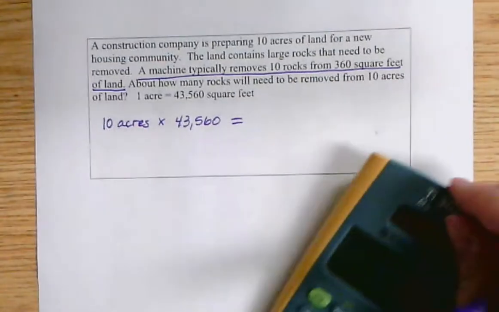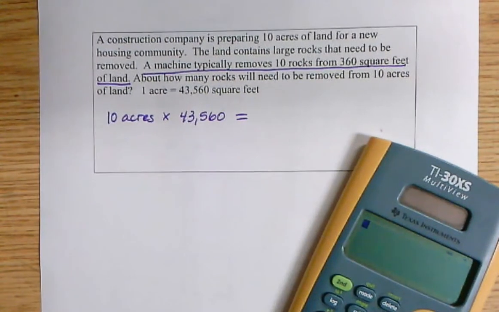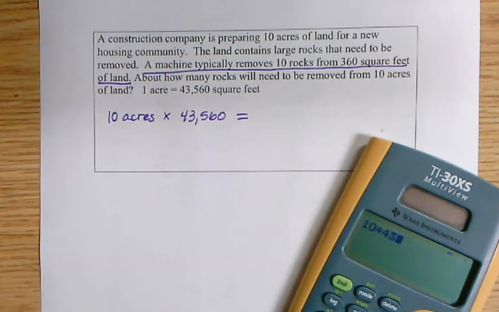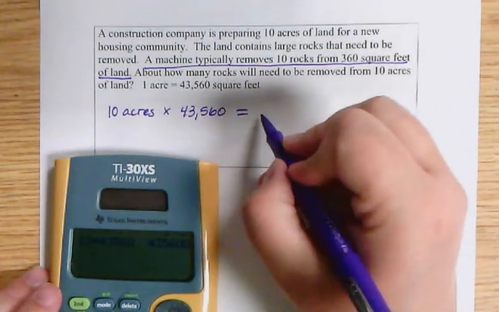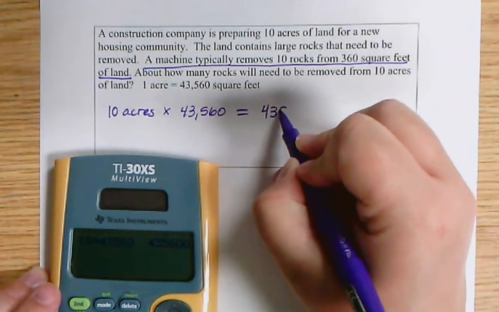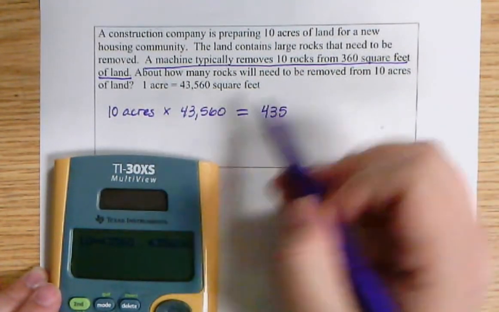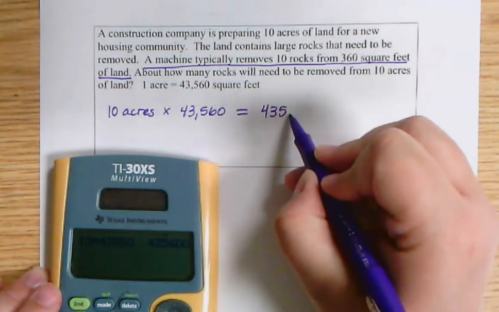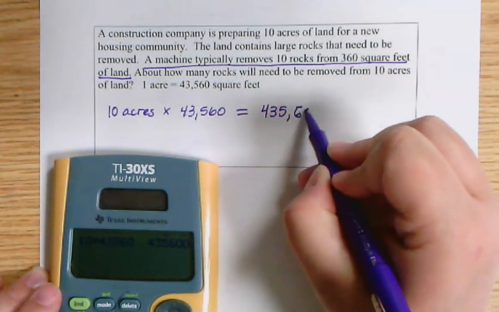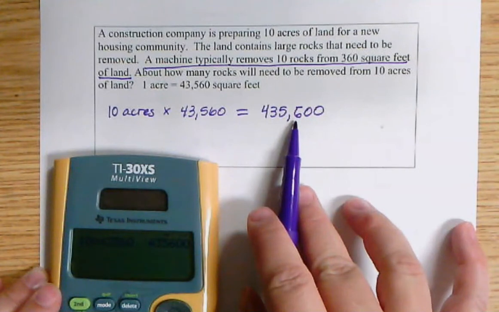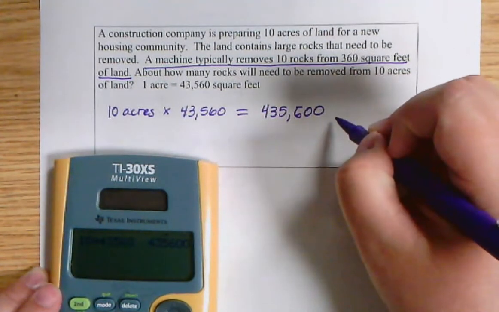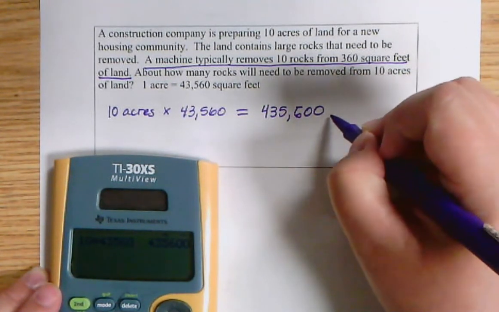I'm not really needing the calculator there. When you multiply by 10, it basically just moves your decimal over one place. So that's a 6. Sorry, it's a weird one. Okay, so we have 435,600 square feet.